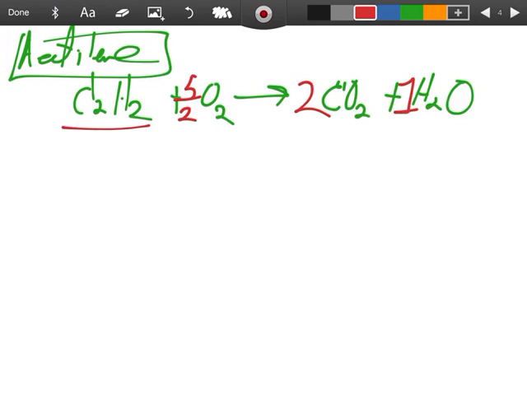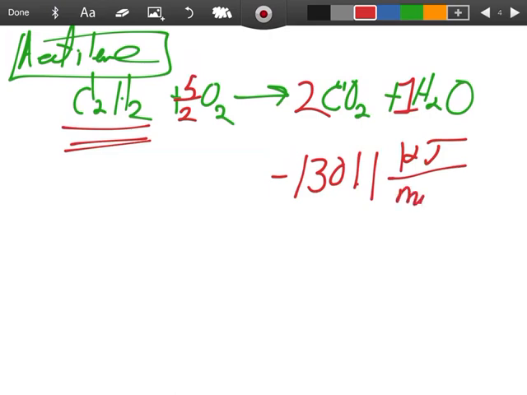And the amount of energy that you will release for burning 1 mole is a lot, minus 1,301.1 kilojoules over mole. So every time that you burn 1 mole of this gas, you're releasing this amount of energy, which is a lot. So let's go and jump into a practical problem.